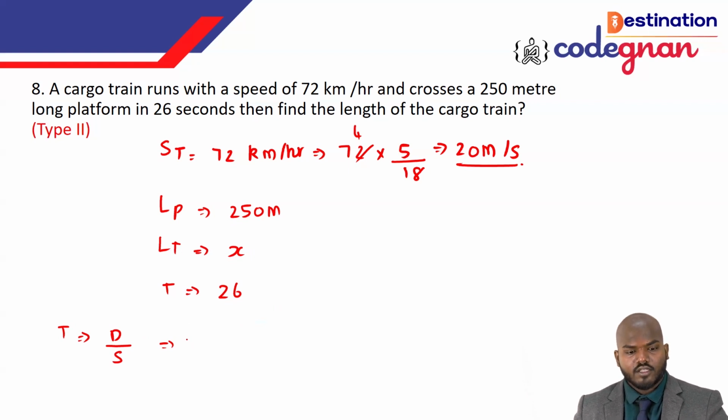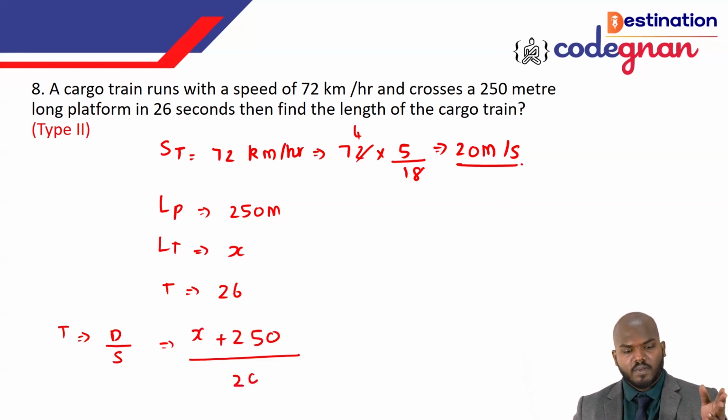And you see this one. The distance here, you just want to take the length of the train plus the length of the platform. Both of them you have to take. If you take only one, it will not work. X plus 250 over speed, which is 20 meters per second, is equal to 26.